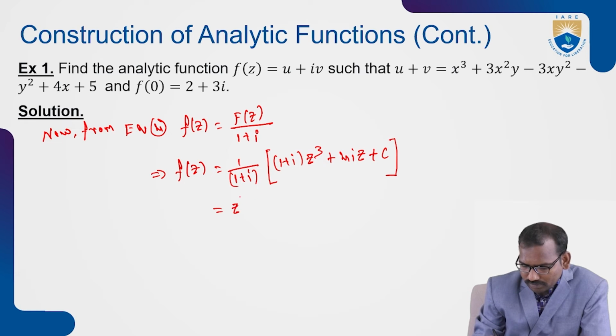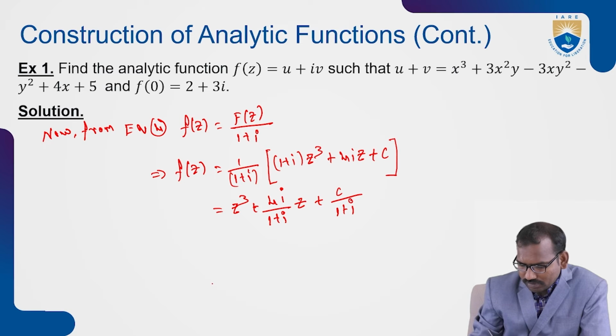Okay. Now I am simplifying this. You will have only z cube first, then 4 times i by 1 plus i times z, plus c by 1 plus i. Since in this term we have an arbitrary constant c, I can write simply capital C. Okay, I can have z cube plus, in the second term, I am taking the conjugate of the denominator.